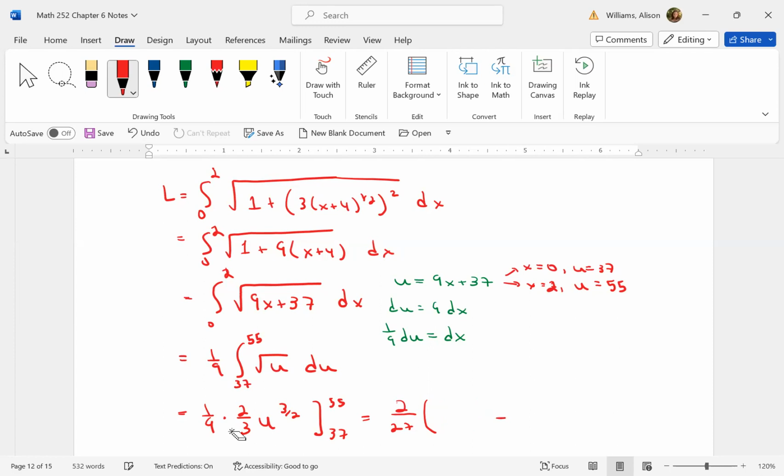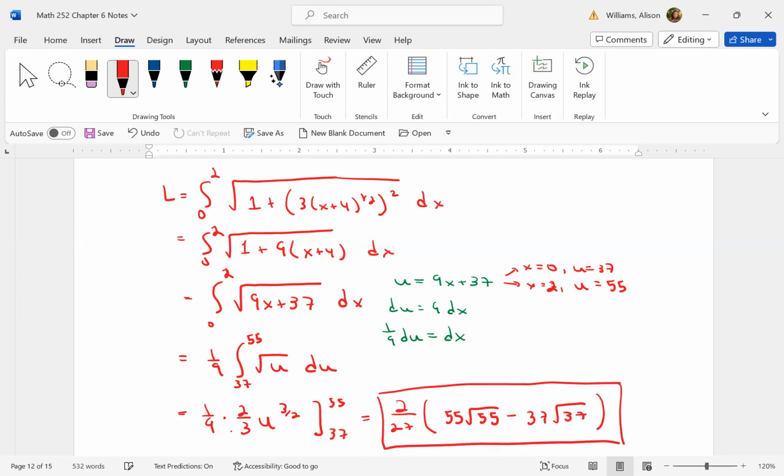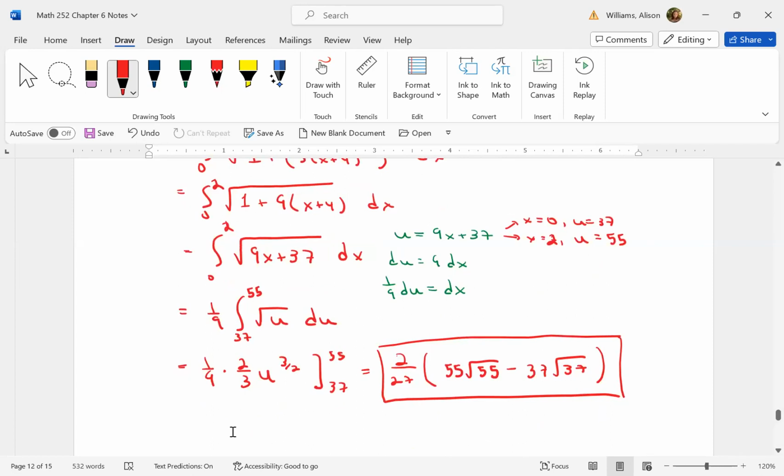So actually here, that's just going to simplify to 55 square root 55 minus 37 square root 37. And that's it. That's done. There's nothing more to it. And that's arc length.